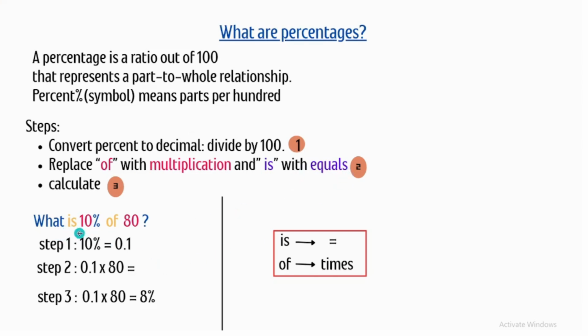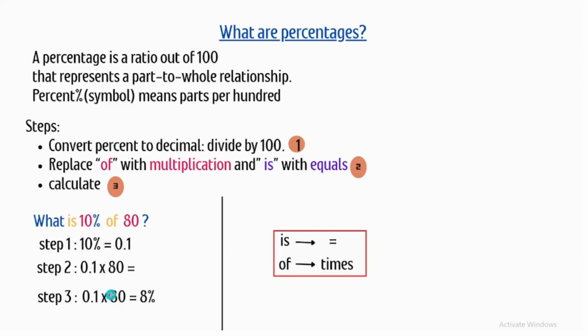So what is 10% of 80? We substitute 0.1 times 80, so we multiply.